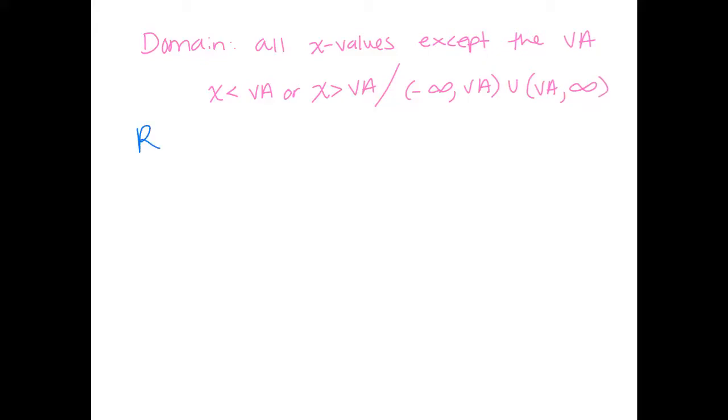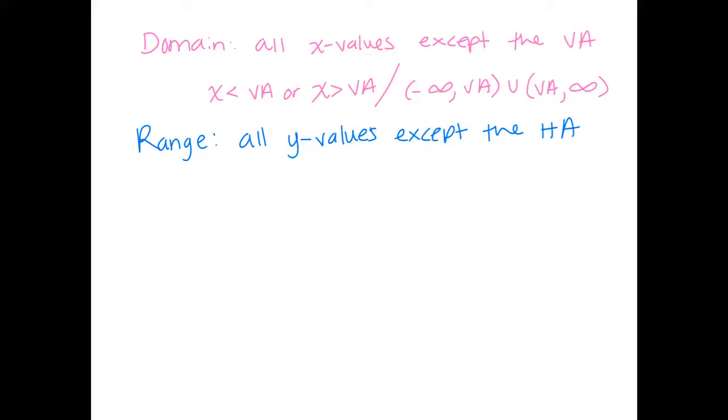And the range is going to be all of the y values, instead of the x's, except the horizontal asymptote. The horizontal asymptote cuts the y-axis in half.